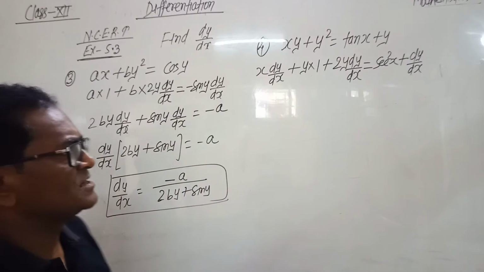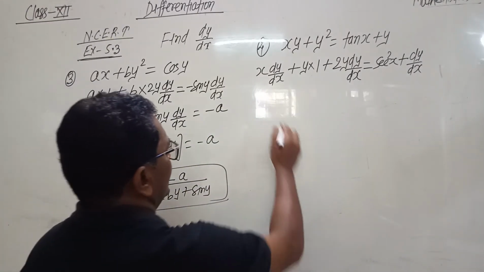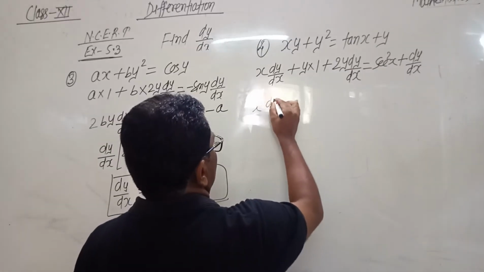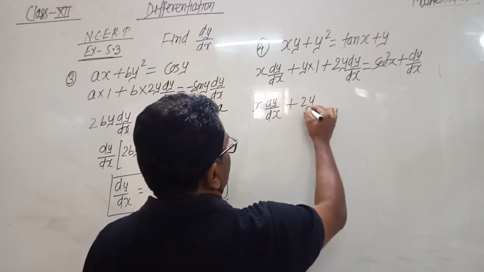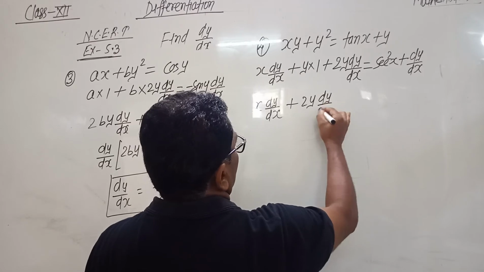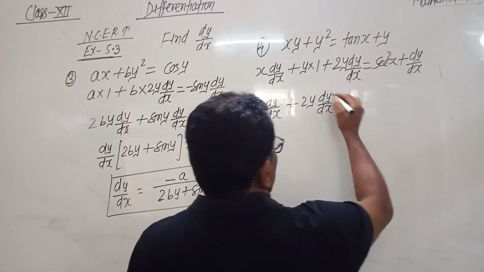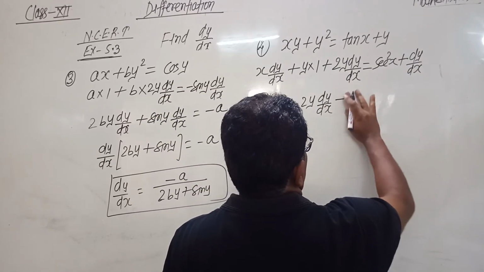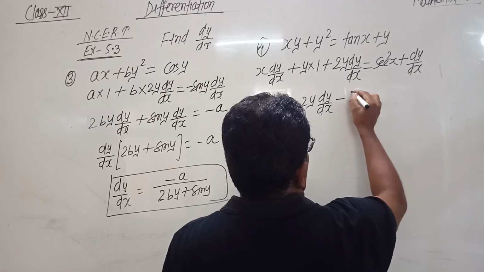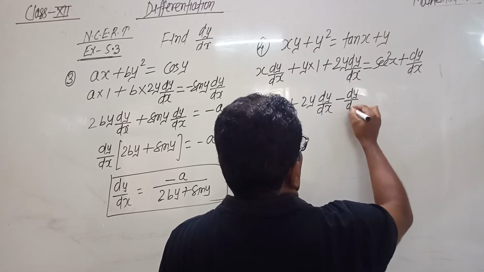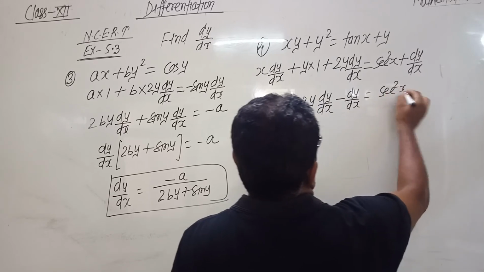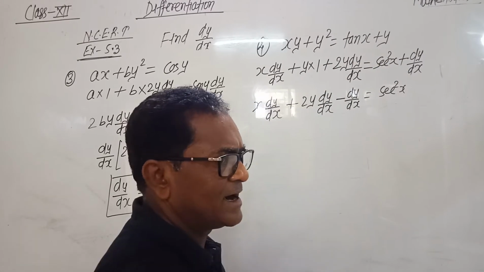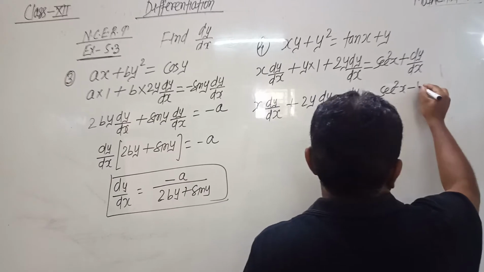Now we will keep the terms containing dy by dx on one side, so x dy by dx plus 2y dy by dx minus dy by dx go on the left side, equals sec square x, and y will go on the right side, becoming minus.